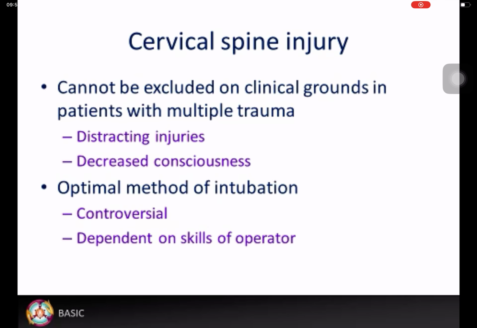The optimal method of intubation under these circumstances is controversial and dependent on the skills of the operator. You decide to attempt direct laryngoscopy and therefore need manual inline stabilization. What instructions would you give your assistant?